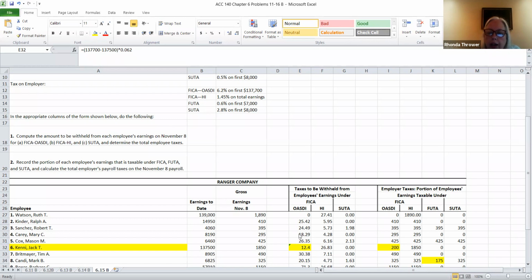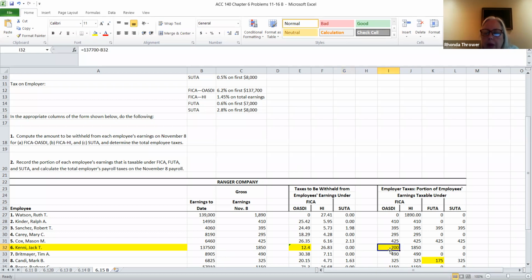For HI, they're taxed on the 1,850. So 1,850 times 0.0145 is how they get this amount. And then the employee has gone over the first 8,000. They were paid more than that earlier, so there's 0 that is owed for SUTA by the employee. For the employer's taxable earnings it is $200.